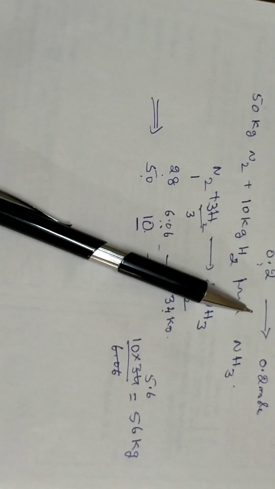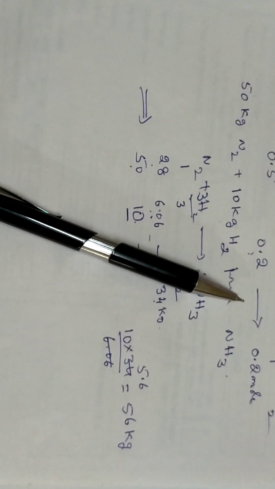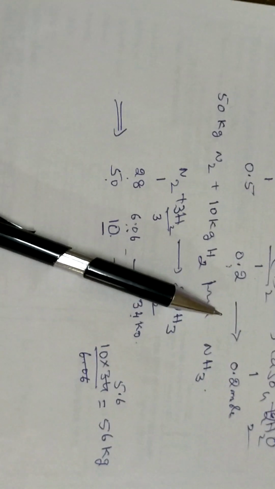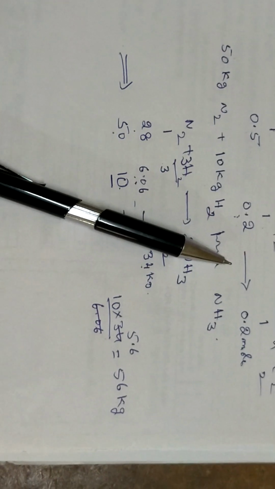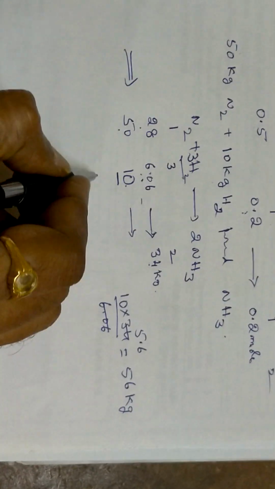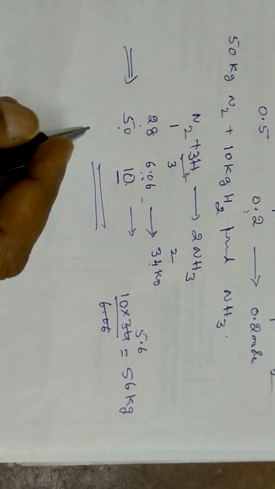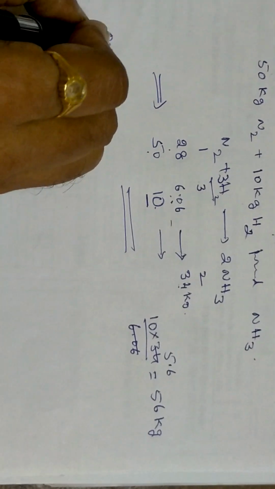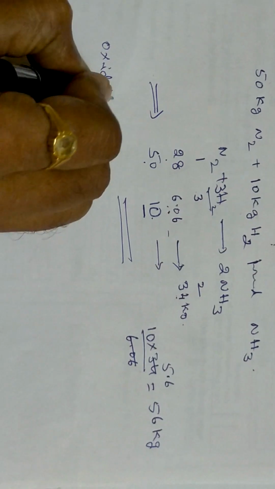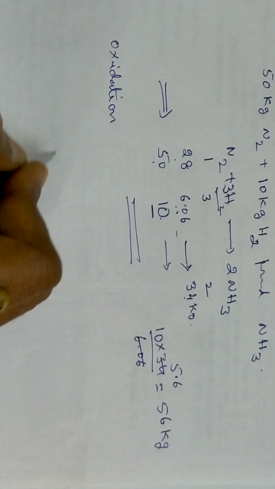What was the first start? Initially, addition of oxygen was nothing but oxidation. That was the first starter. Please remember that this is not the final definition, only the starter. Oxidation was initially started as addition of oxygen.